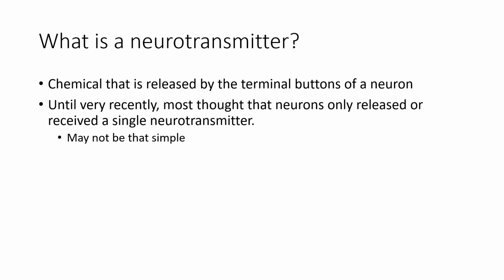For example, a cell that releases dopamine might also release something else that's accompanying that. Now, I'm not going to dig too deeply into that in our lecture today, but just know that it may not be as simple as a single neurotransmitter for a single cell.